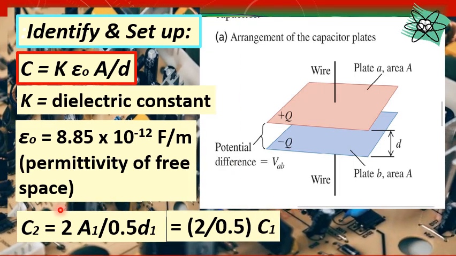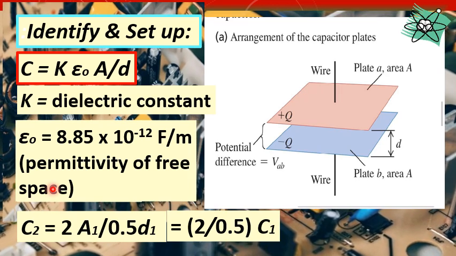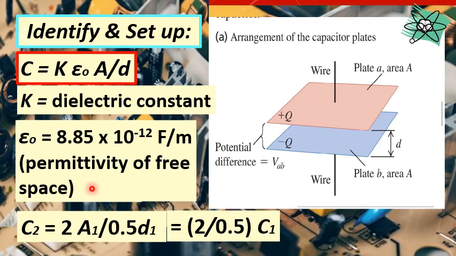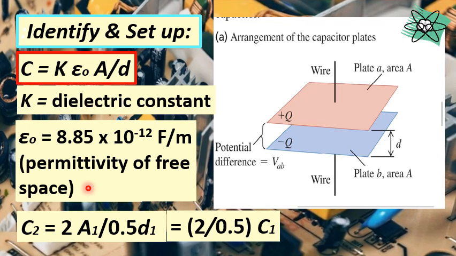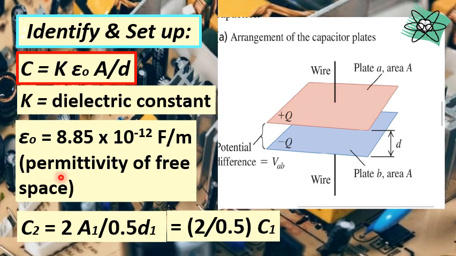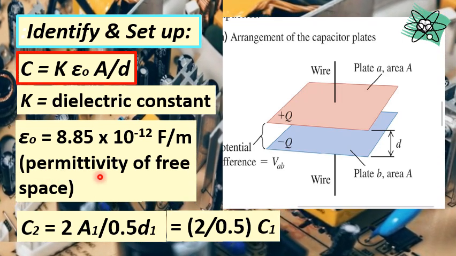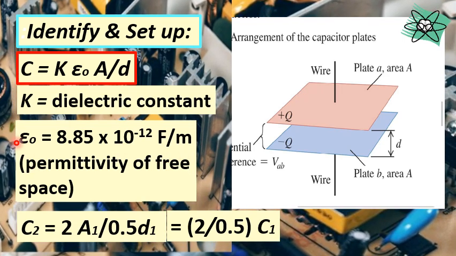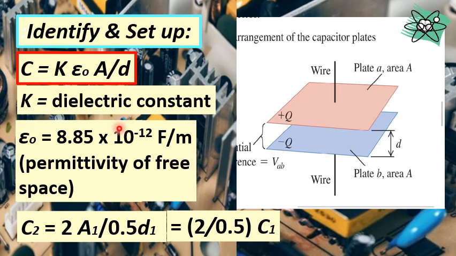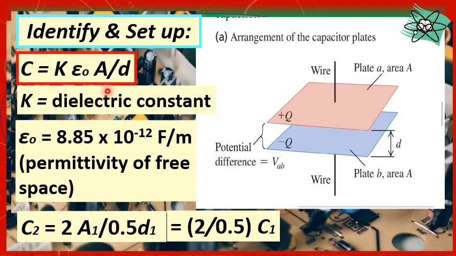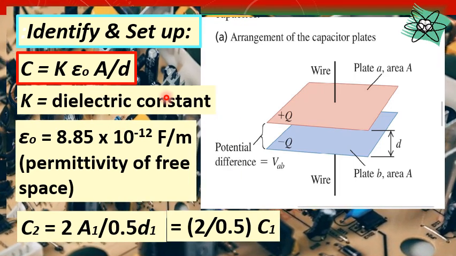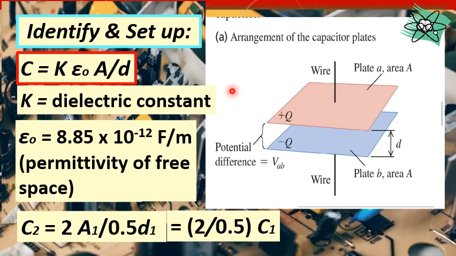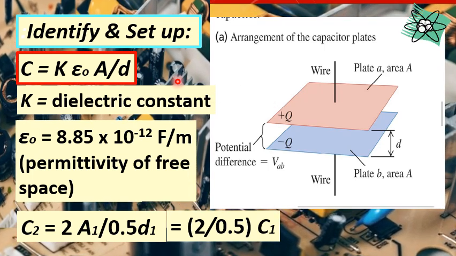we have here 2 divided by 0.5, okay, which is the amount of change in the capacitance, C2. That means the new capacitance will become 2 over 0.5 times greater than the initial capacitance.